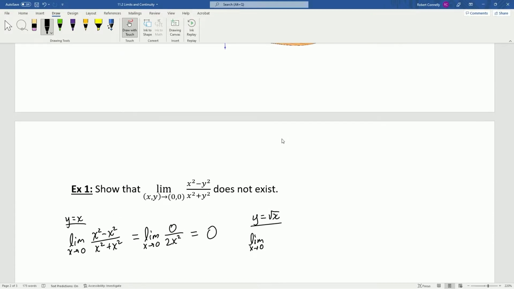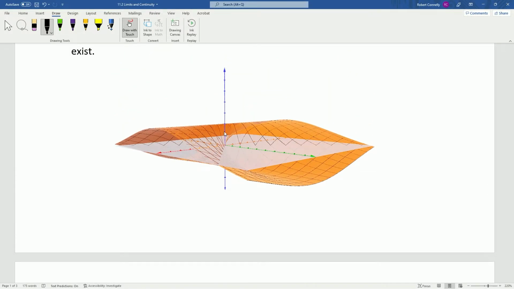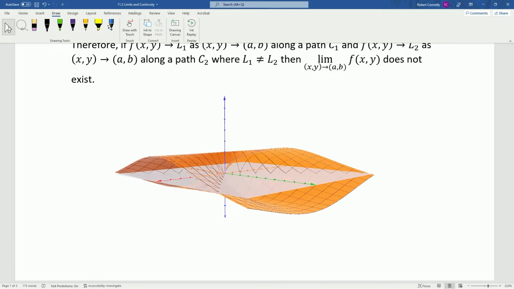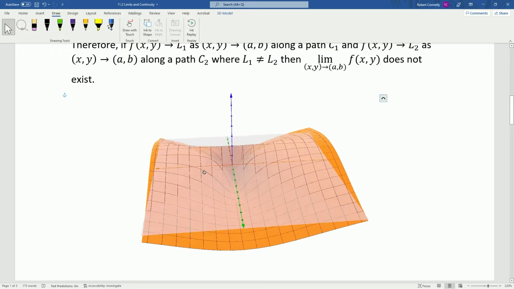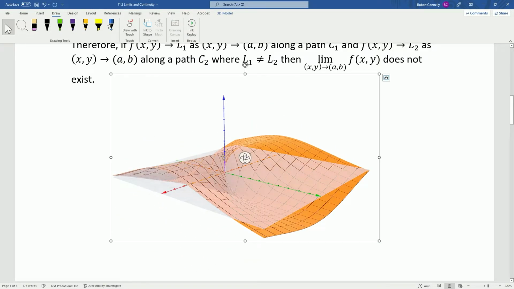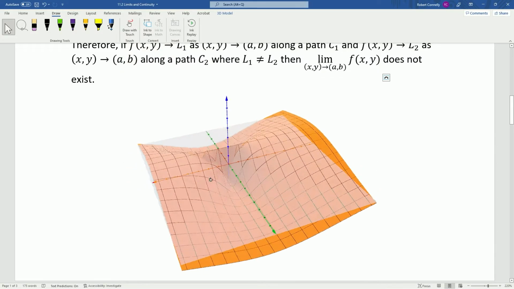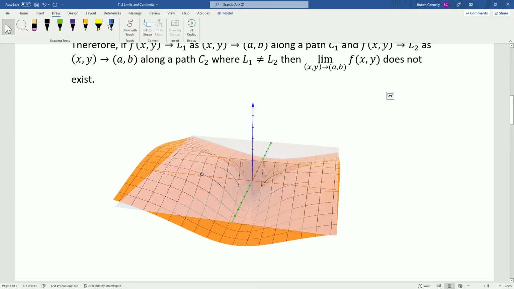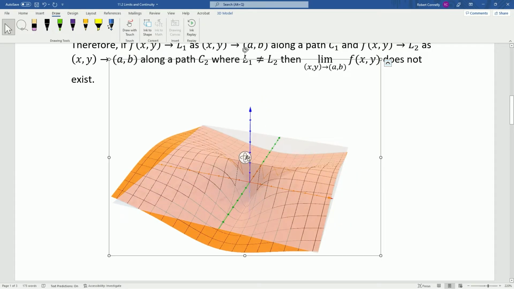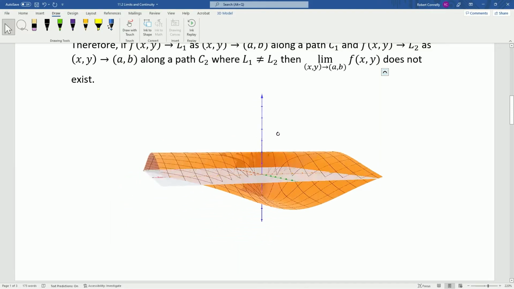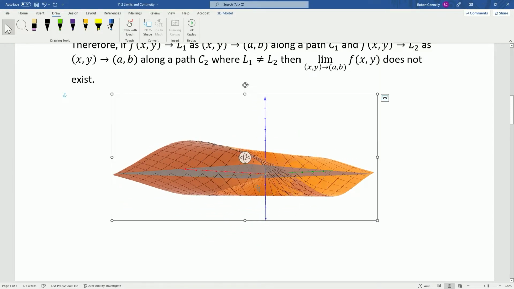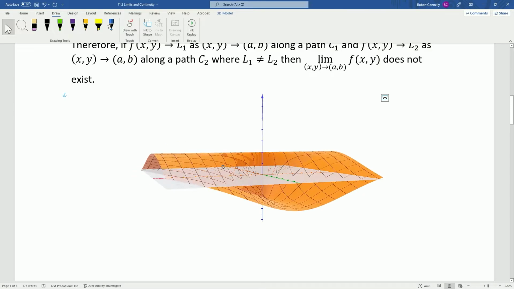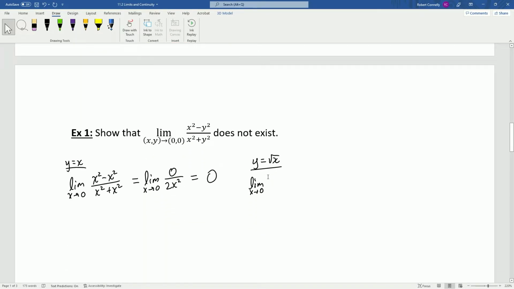And actually this picture here is a perfect example. If we go back to this, you should see that there are a lot of ways you could travel along this curve and get 2 for your z value. There's a lot of paths you could take there. But it doesn't matter if there are infinitely many paths that do that. If there is a single path that gives you a different value, then that limit doesn't exist. So I'm not sure if this one's going to work out, but let's just see.